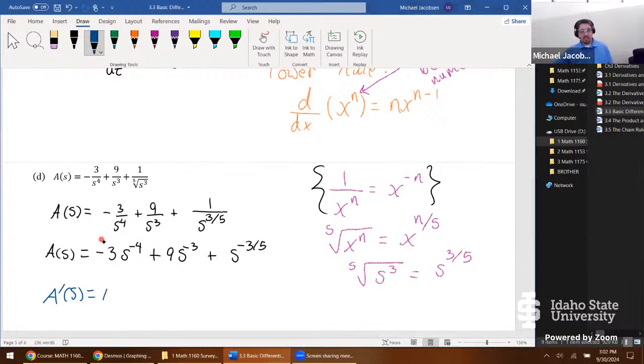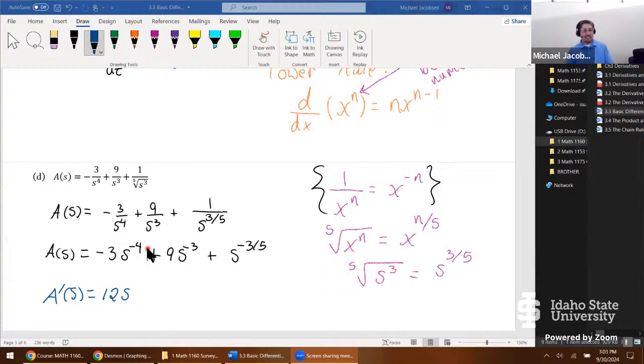For double negation, we get +12. S to the power of 1 less. Any volunteers for the new power here on that variable S? Good call, Dana. This is going down, so -5.